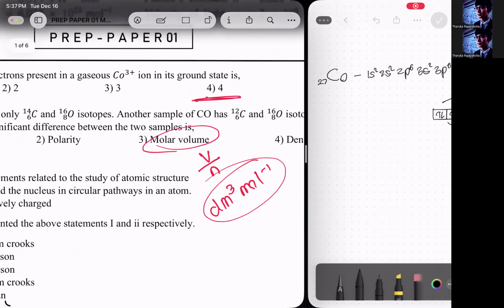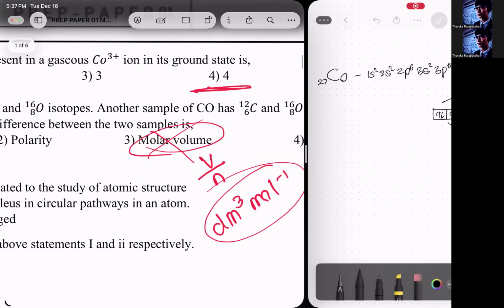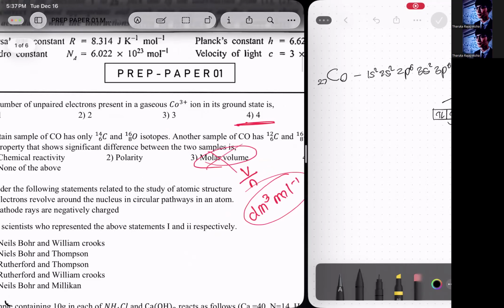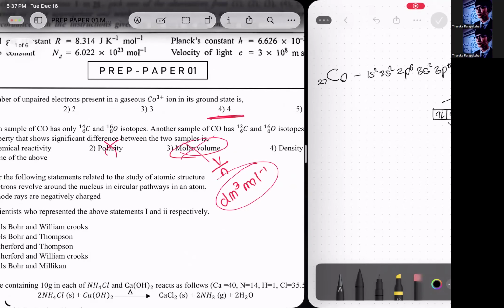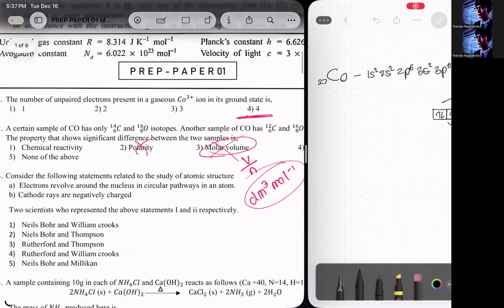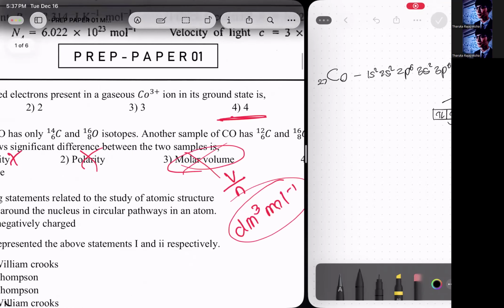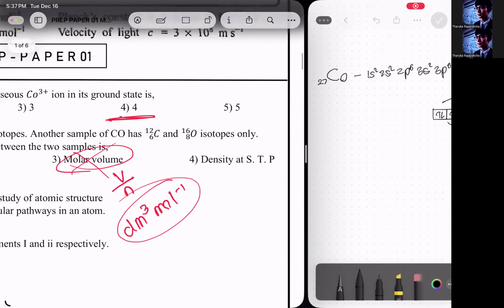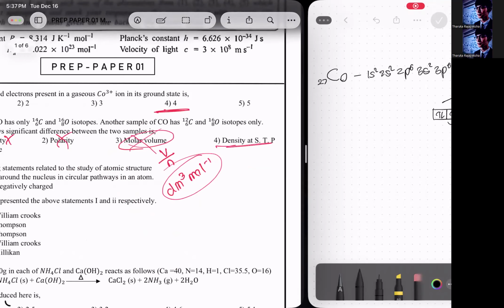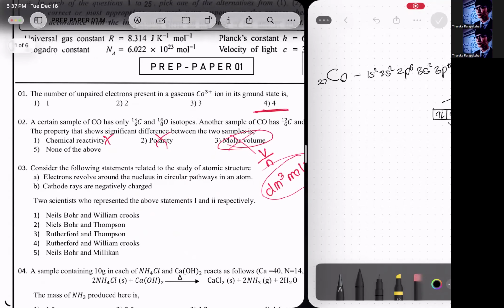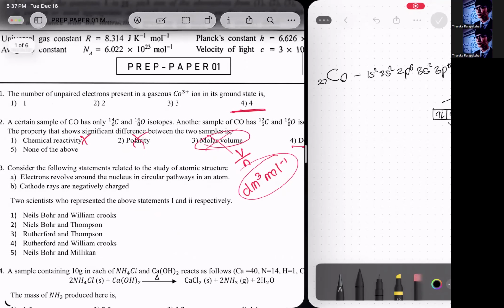Polarity doesn't change with the change in isotopes, and chemical reactivity will not change. Density will change because mass will change. So that one changes. So answer for the second one is answer number 4.